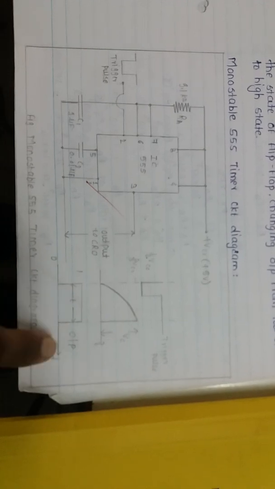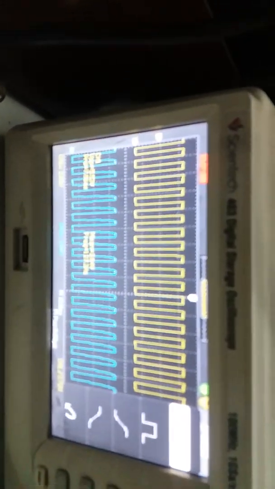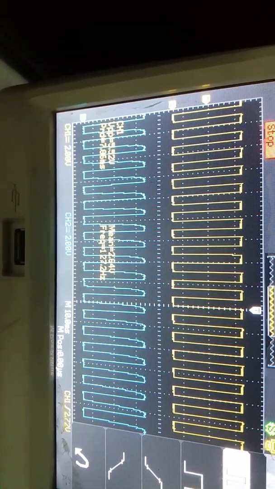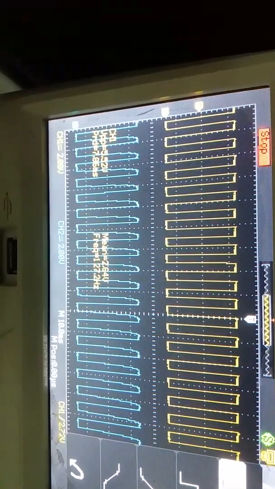The output produces a square waveform with on time and off time. During the on time the capacitor is charging, and when the on time is over, it immediately discharges in a straight line.